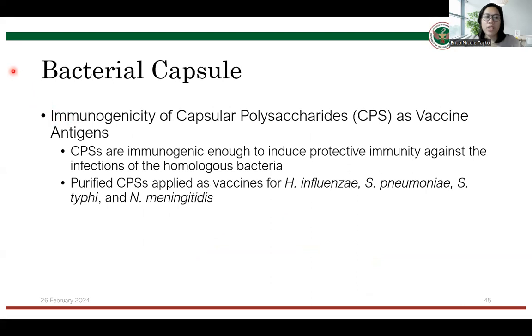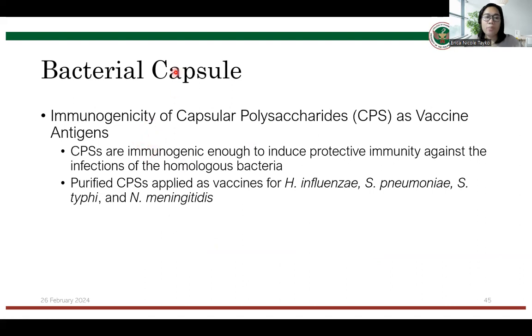But actually, in our part as developers of vaccines, we can use this as well to our advantage. So yung mga capsular polysaccharides or CPS, there's a trend na they can now be used as vaccine antigens.